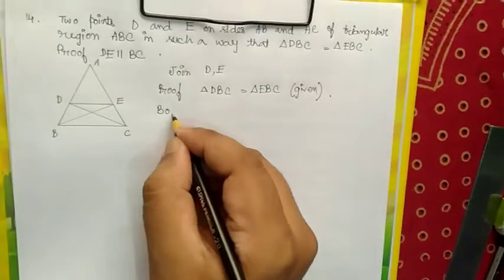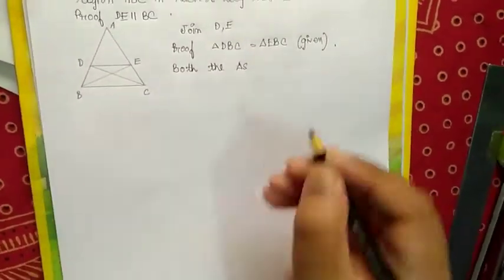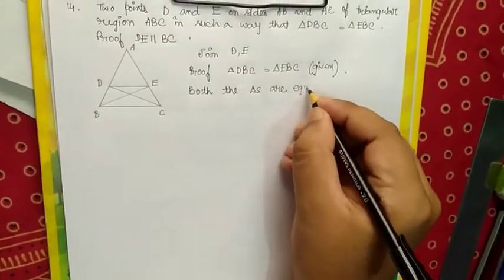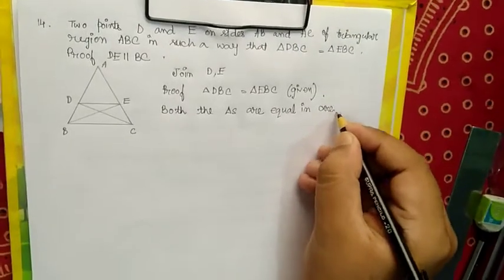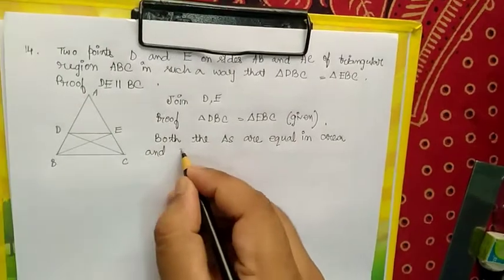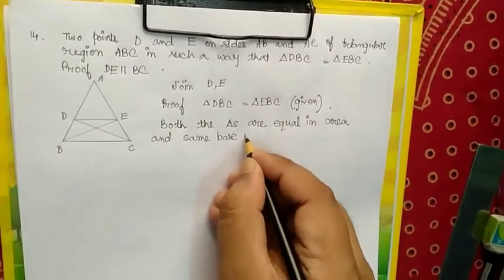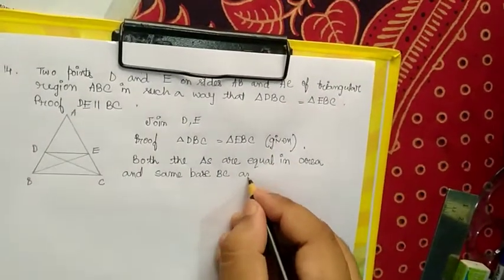Both the triangles are equal in area and on the same base BC and on the same side.